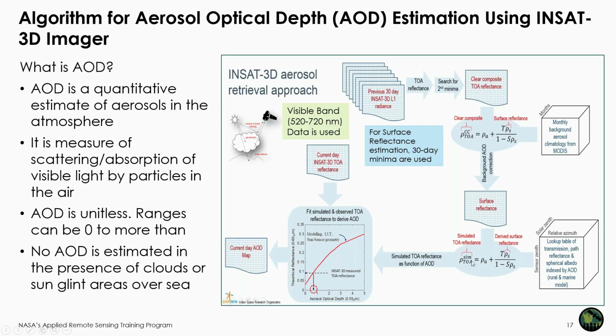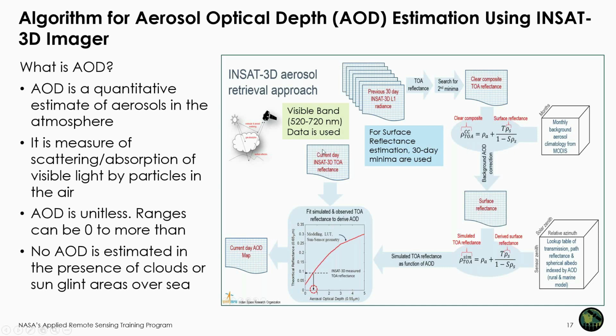Then we can apply this lookup table to the data, which is corrected for the surface reflectance, by a lookup table matching approach, and generate the current day AOD map.